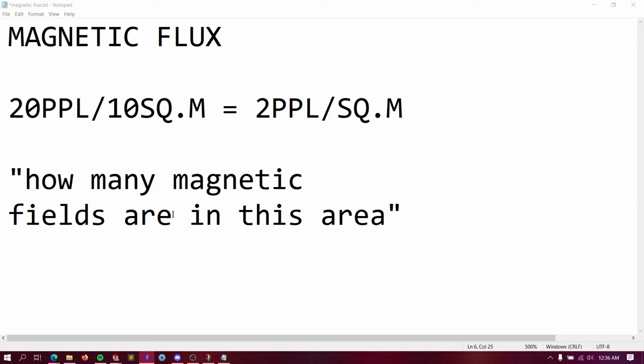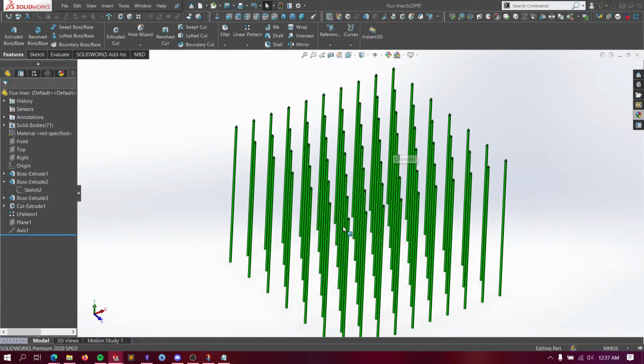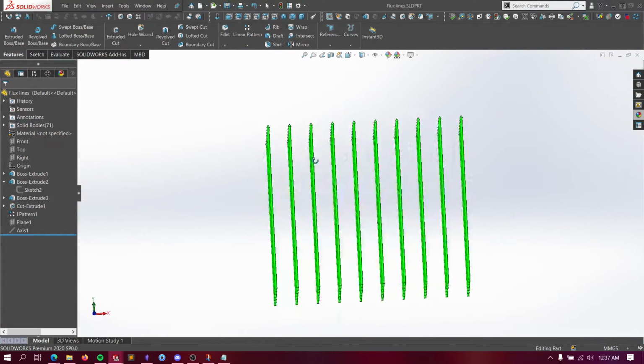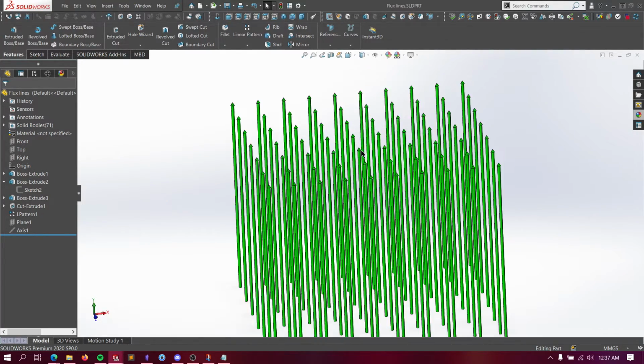Now, back to the magnetic field itself. The magnetic flux is simply describing how many magnetic fields are in an area. So I made this model here where, if you look at it, I have some magnetic fields just flying off in a space. It's a bunch of magnetic fields.